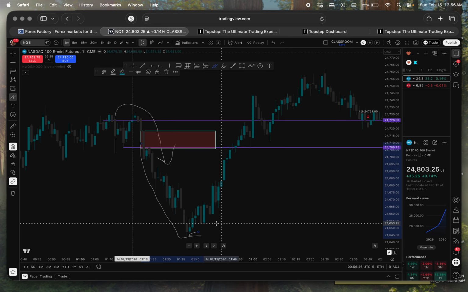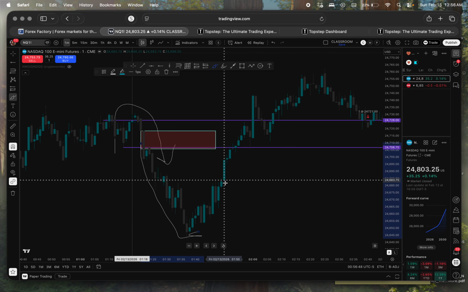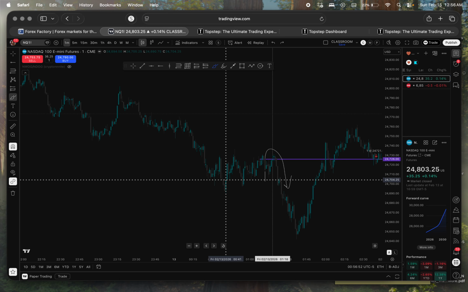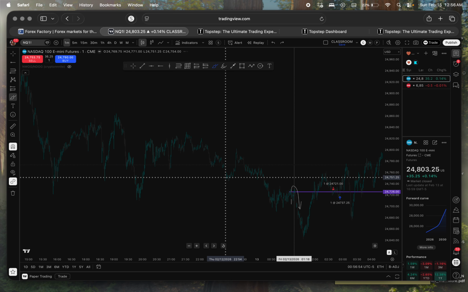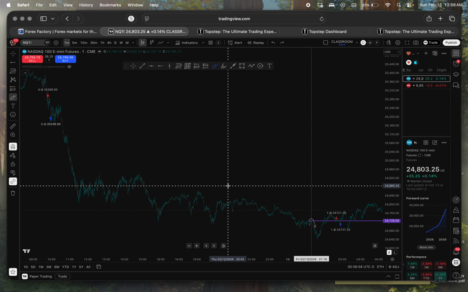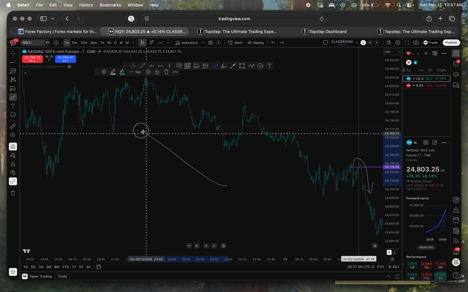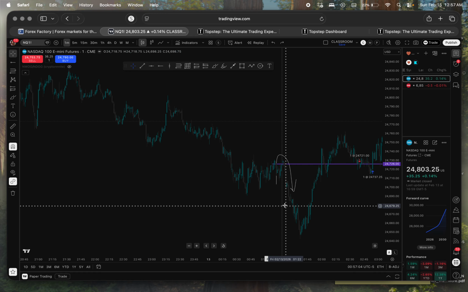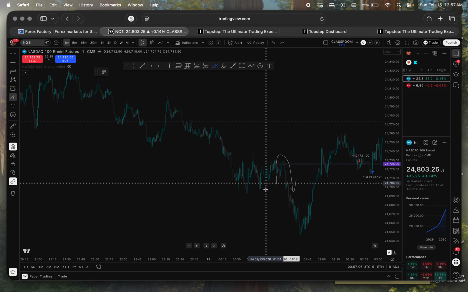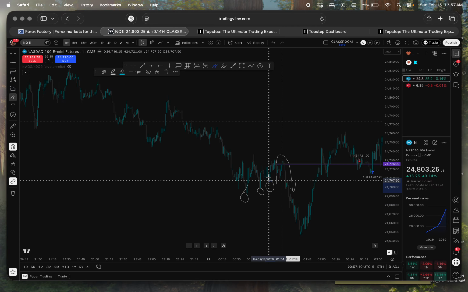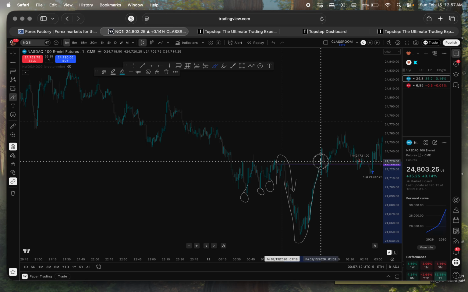We could essentially say, okay, this is another form of liquidity. Let's look to our left and see, okay, you know what? It took out this low. Price came down and reversed back up.